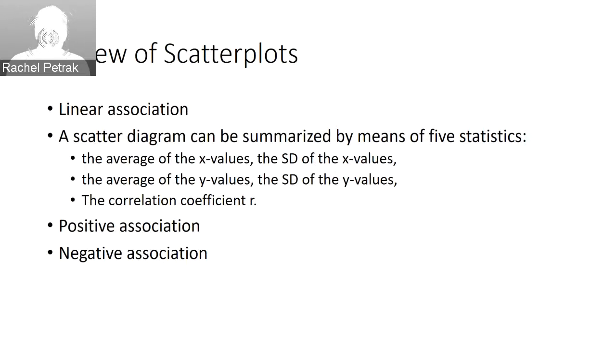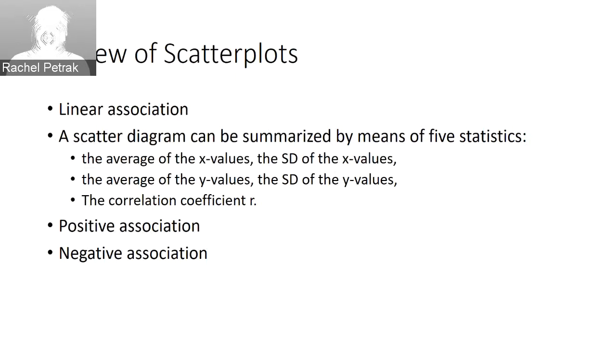The correlation coefficient is our final essential statistic to describe a scatter diagram. We could see on a scatter plot a positive association where 2 variables go up together or down together. Both x and y go in the same direction. With a negative association, we see variables going in opposite directions.